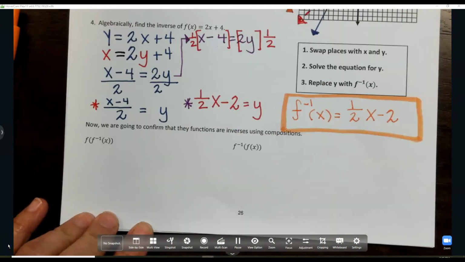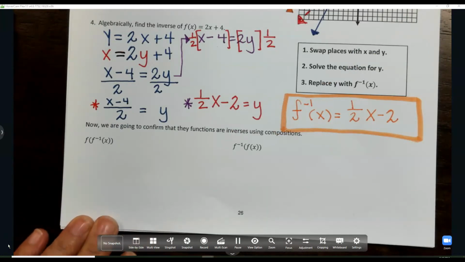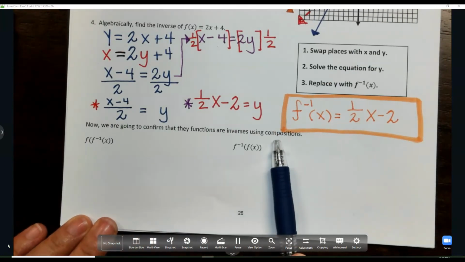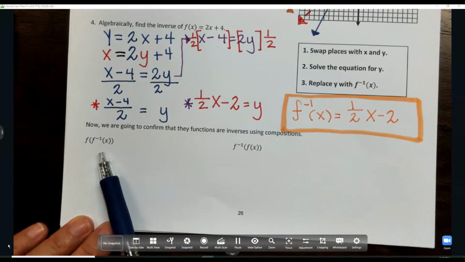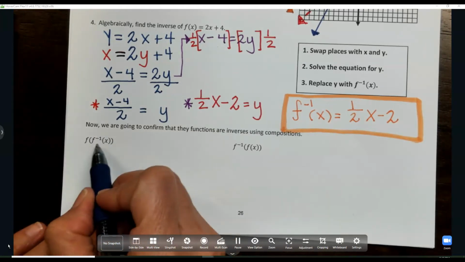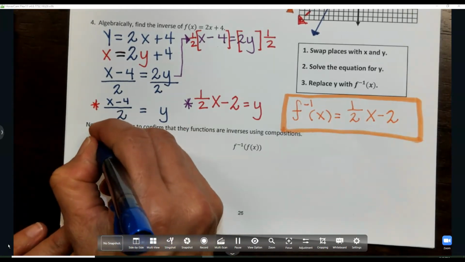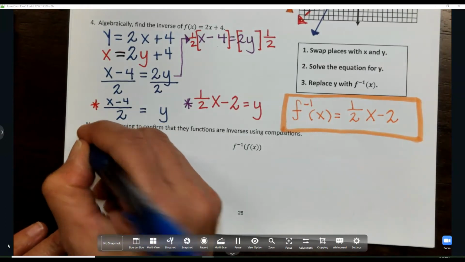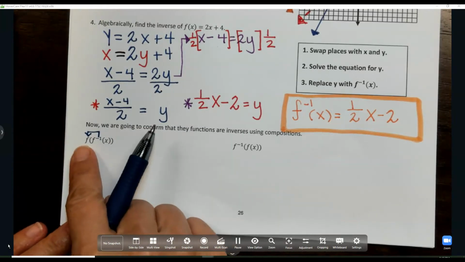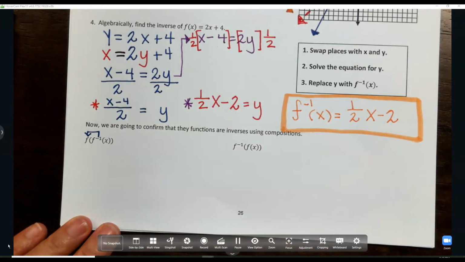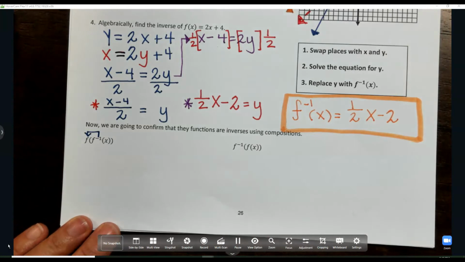We have to prove that they are indeed inverses of each other. And the way that we're going to prove it is we're going to use compositions. So remember, yesterday I told you, when you have this setup right here, whichever function is listed second gets dumped into the first. So remember, the first function that we've been dealing with on this whole page is 2x plus 4.